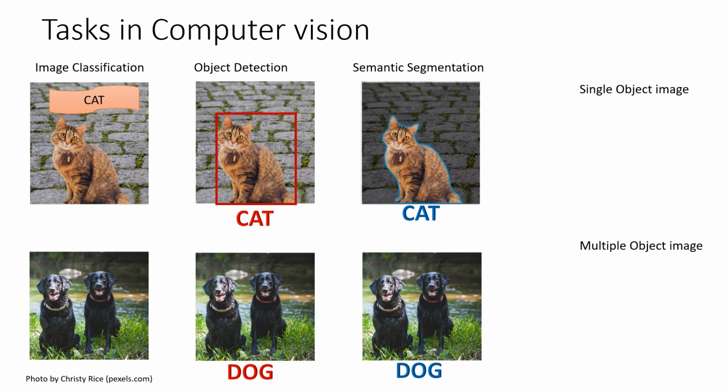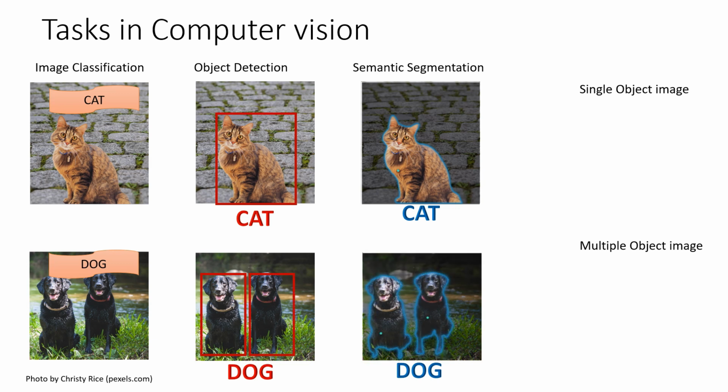So if we have two dogs in this image, the model will classify this image as dog. In case of object detection, the model will draw bounding boxes around these two dogs. In case of segmentation, both the dogs' pixels will be segmented because both of them are dogs, whereas the background image will not be segmented.